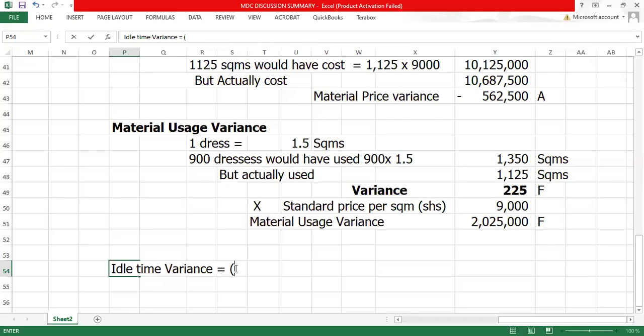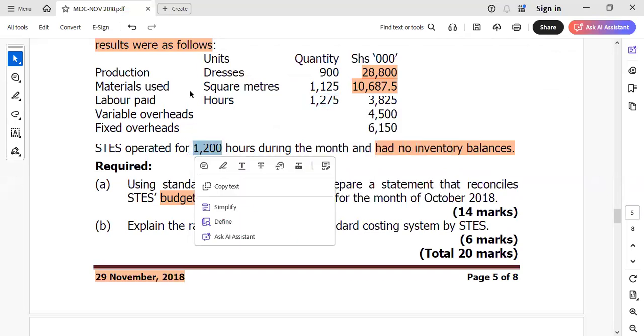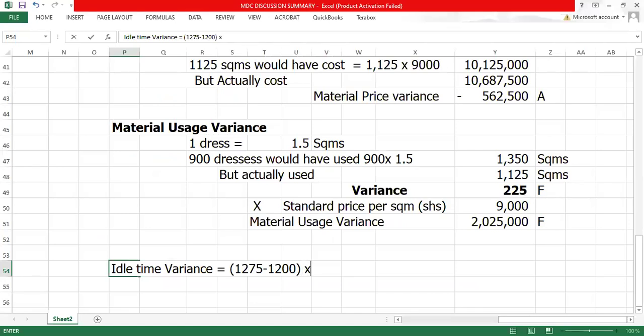Okay, so we are going to get the actual time paid. The actual time paid was 1,275. The idle time variance is the actual time paid minus the actual time worked, 1,275 minus 1,200, then times the actual labor rate per hour.